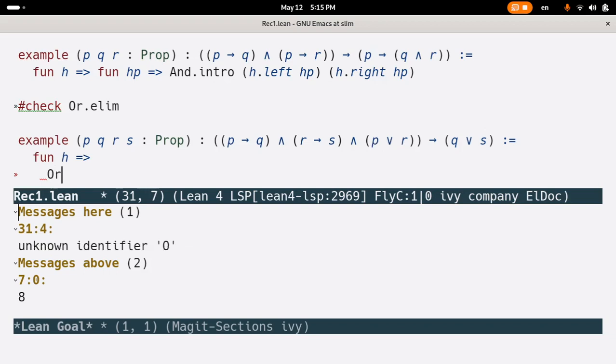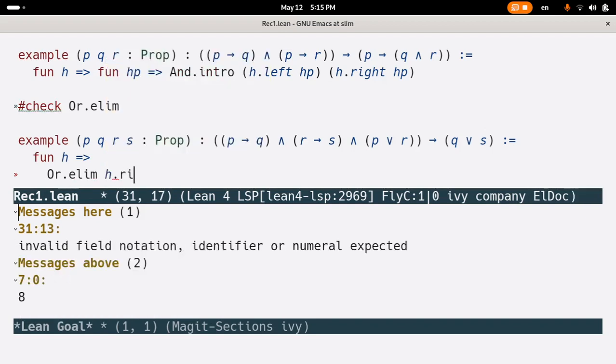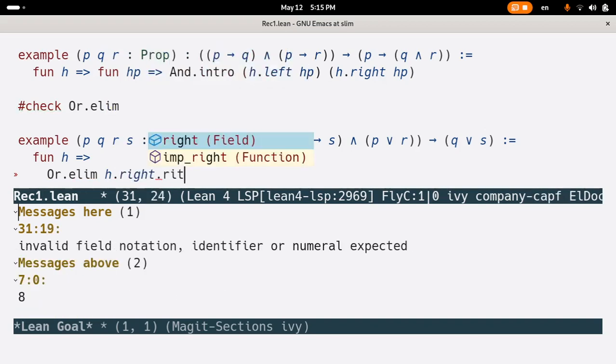So this suggests that we have to eliminate the proof of P or R, which is obtained by doing H.right.right.